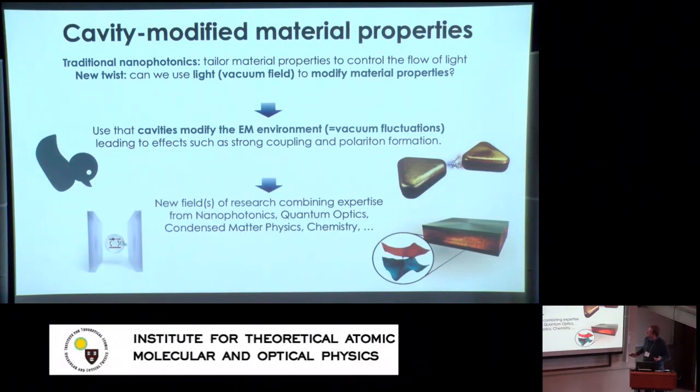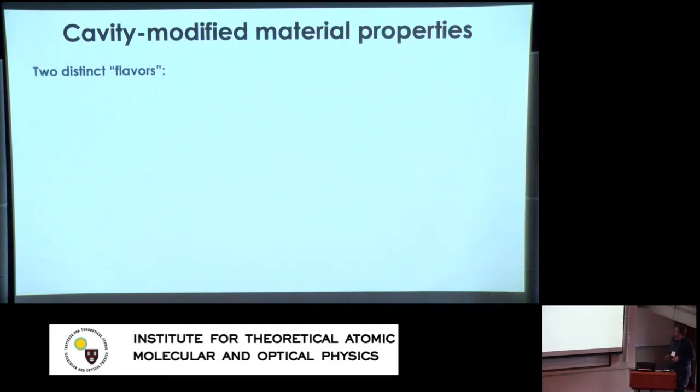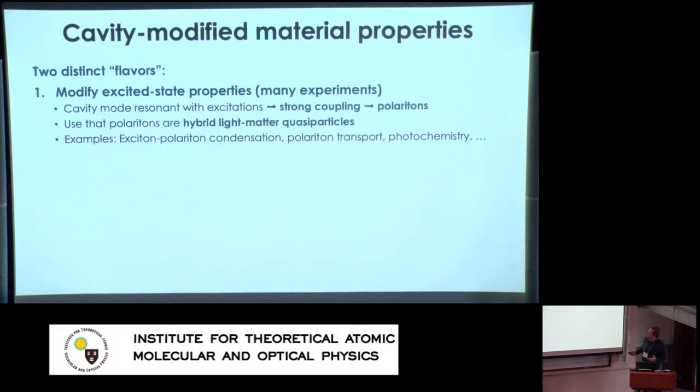These developments have led to new fields of research where we need to combine nanophotonics, quantum optics, condensed matter physics, chemistry, etc. There are many different ways to distinguish the different things that are done, but what I want to focus on is the distinction between modifying excited state properties, where there is a huge amount of experiments, where we have a cavity mode that is resonant with some excitation.